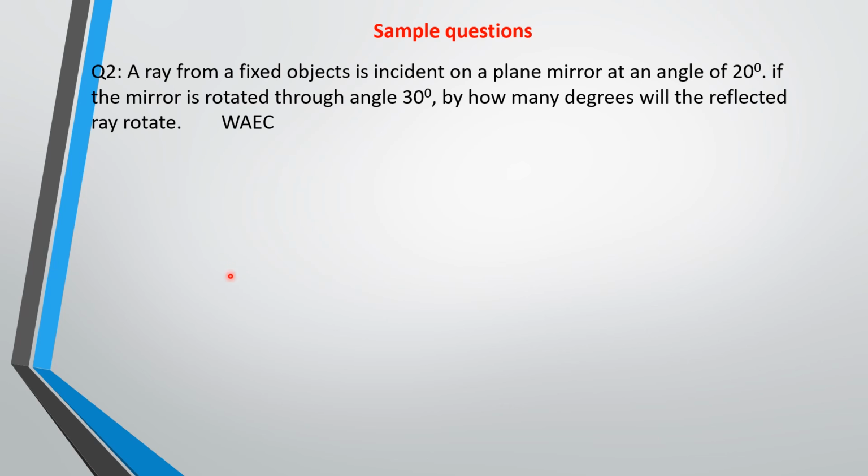So this one says that a ray from a fixed object is incident on a plane mirror at an angle of 20 degrees. If the mirror is rotated through angle 30 degrees, by how many degrees will the reflected ray rotate? So we have said that when the incident ray is fixed, and a plane mirror is rotated through angle theta, the reflected ray will be rotated through angle 2 theta.